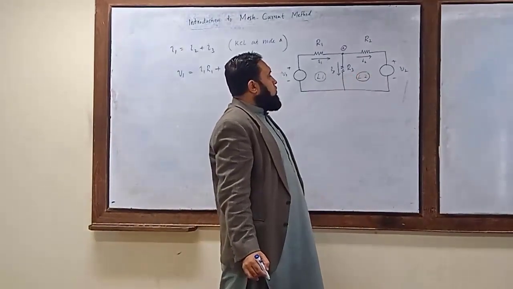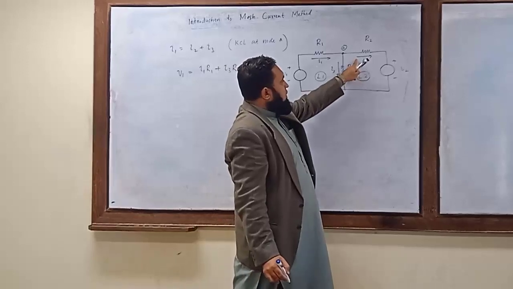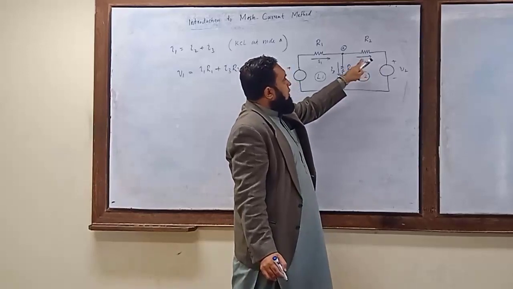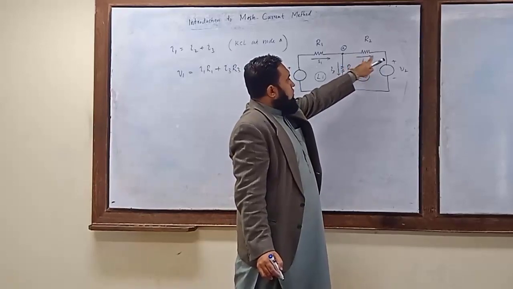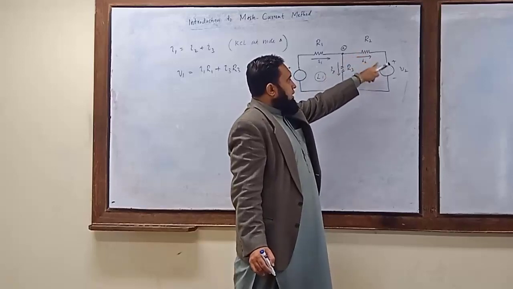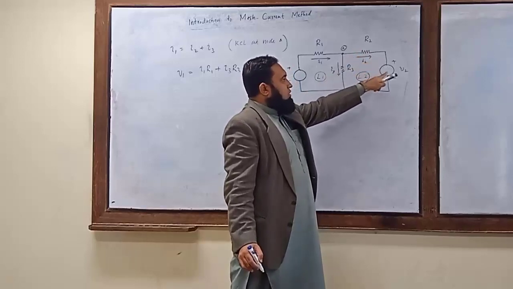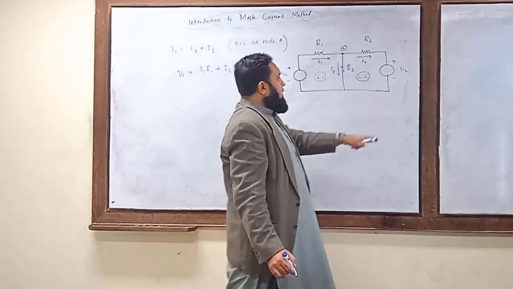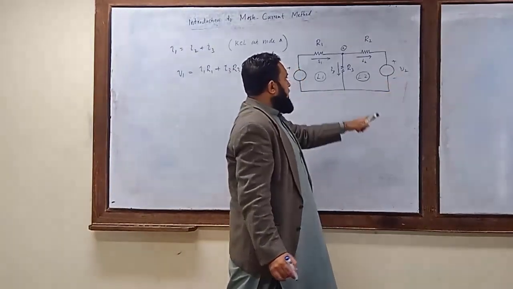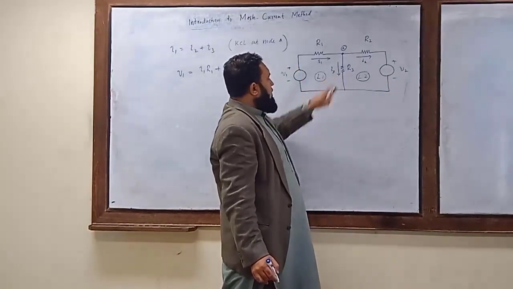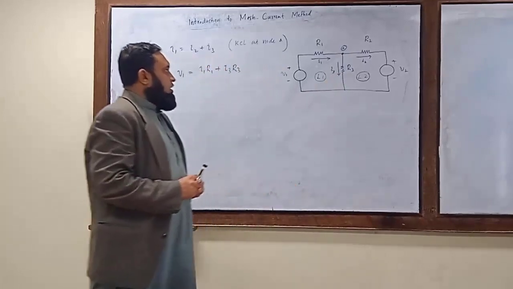And look at loop 2, L2. If you just assume this direction of the current, the voltage will drop when the current is flowing like this, and this V2 will be considered as voltage drop, and here we have voltage drop over here.